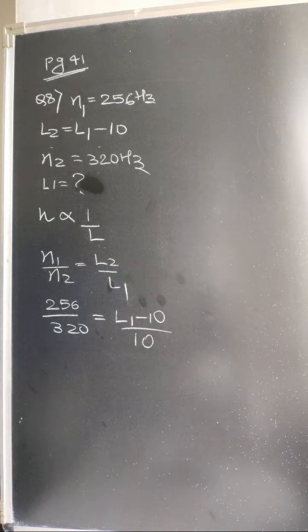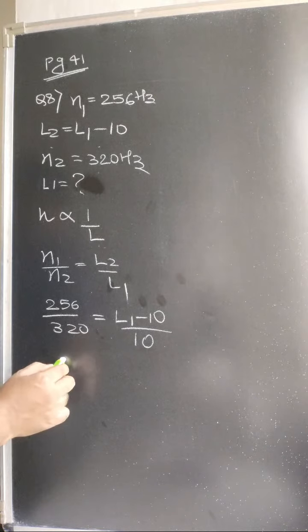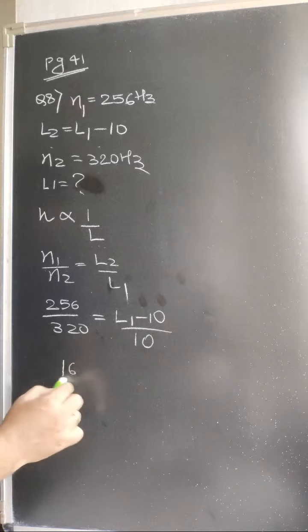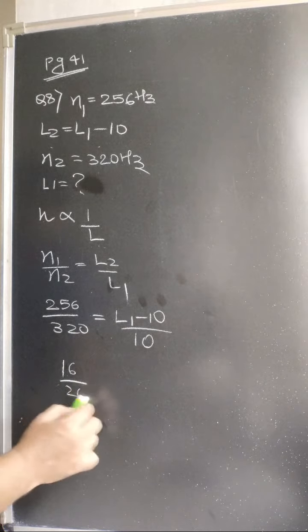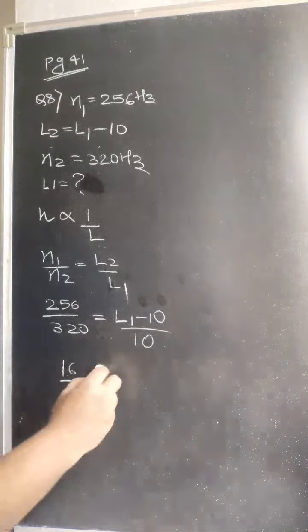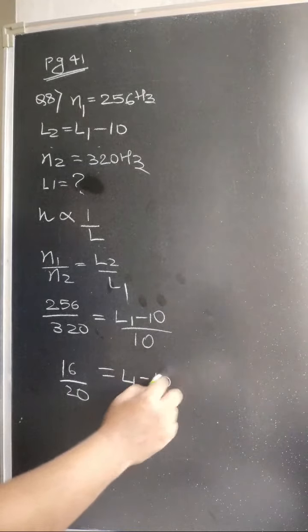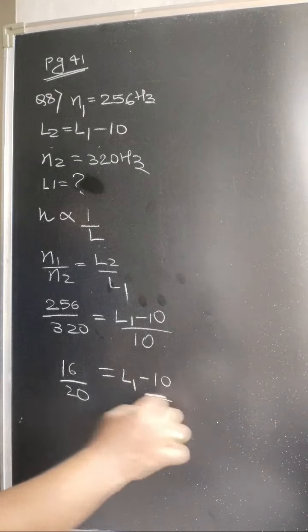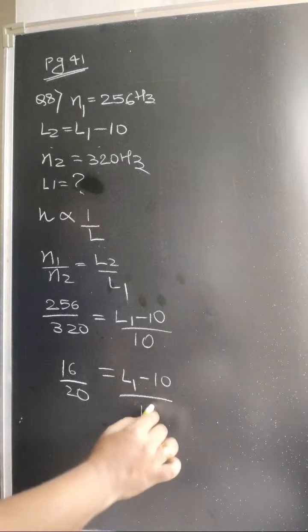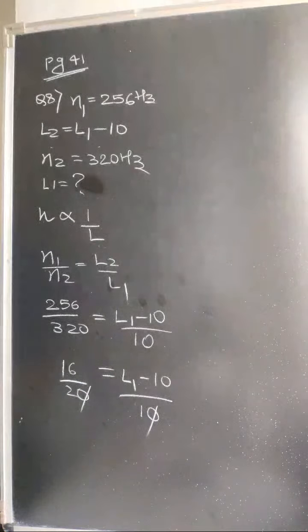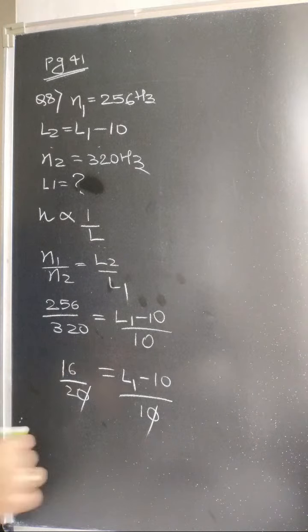Yes, Vilas Kalamkar, correct answer. So if you divide this by 16, 16, 16 and 16 20s, is equal to L1 minus 10 upon 10. Now 8 and 10, 18.